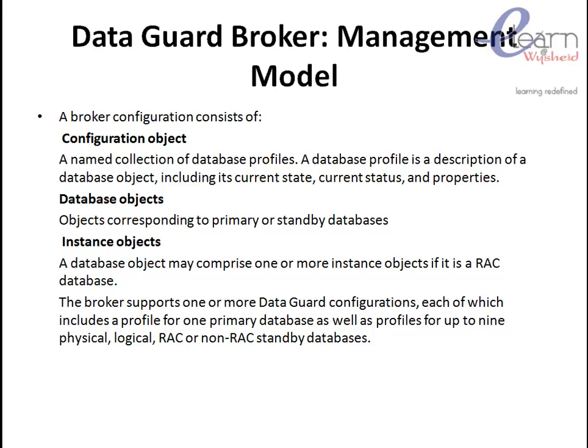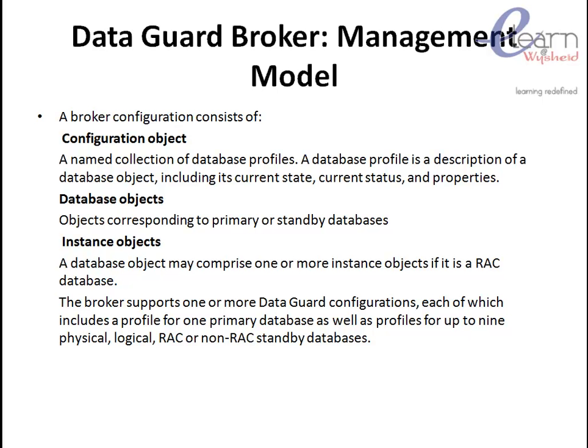So if you're looking at the model of how the Data Guard broker is working, as we explained the different process architecture as well as the configuration files, the Data Guard broker has a model in which the different objects are interacting with each other. The first model, or the topmost layer, is a configuration object. A configuration object will have a name, a status, and a set of properties.